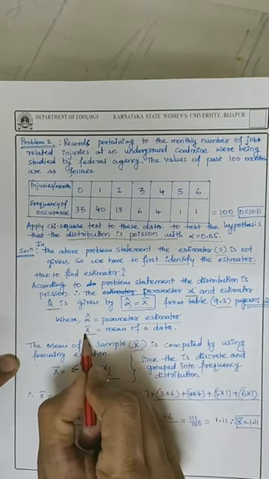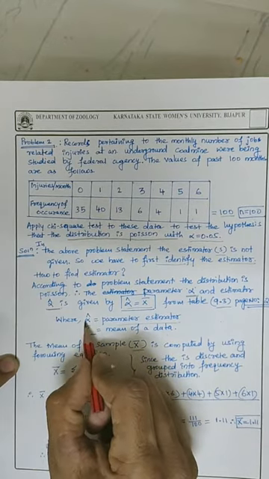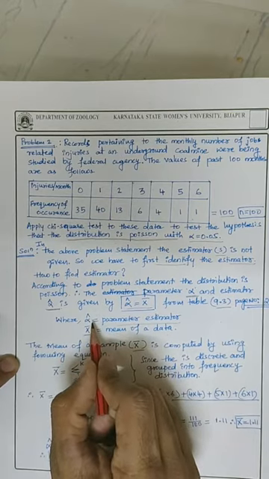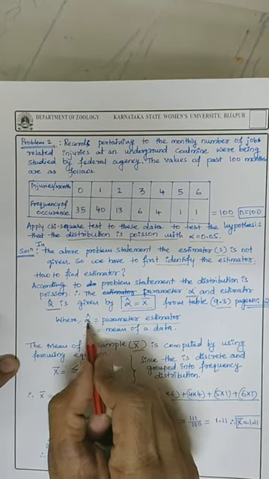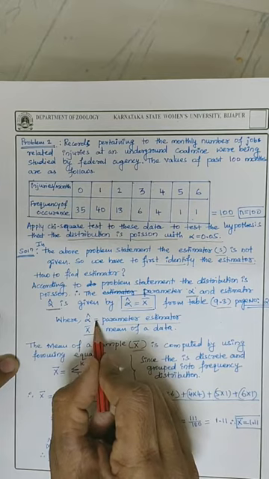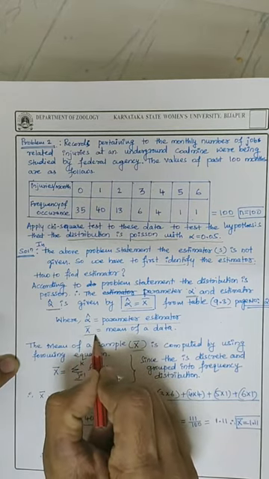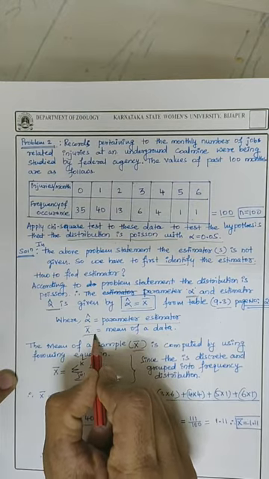The mean value and the alpha cap value they haven't given along with the problem statement, so we have to estimate the alpha cap value. Alpha cap is estimated by using the mean value, that is finding x bar.